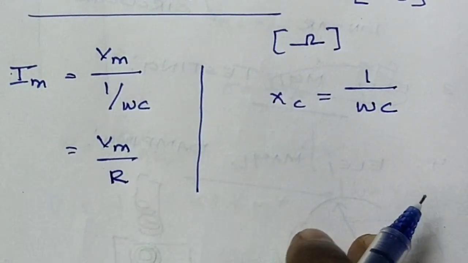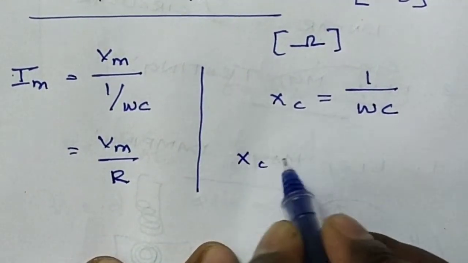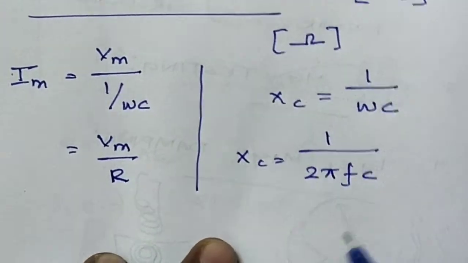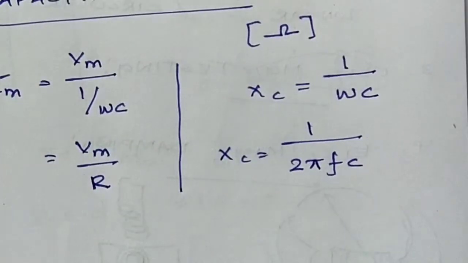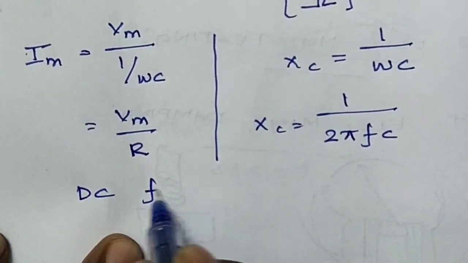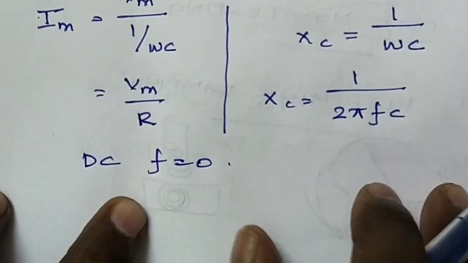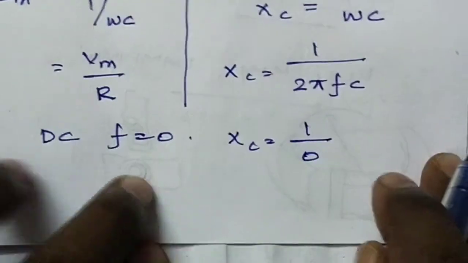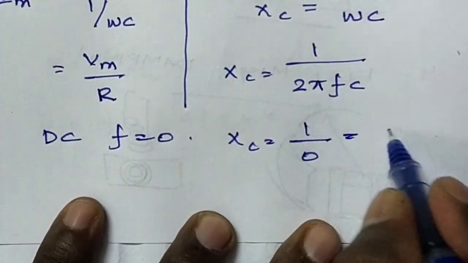Since omega is 2 pi times frequency nu, Xc equal to 1 by 2 pi nu C. Consider a steady current, that is DC, where the frequency is 0. Substituting, we get 1 by 0, and anything divided by 0 is infinity.